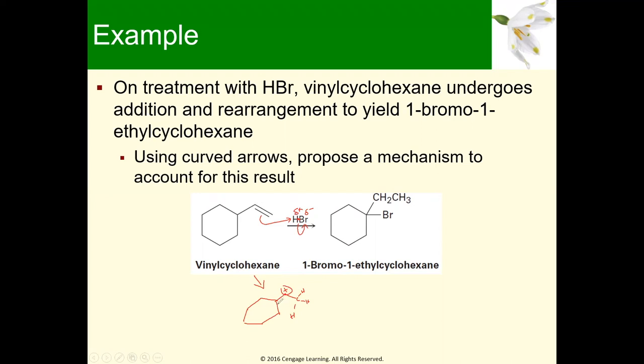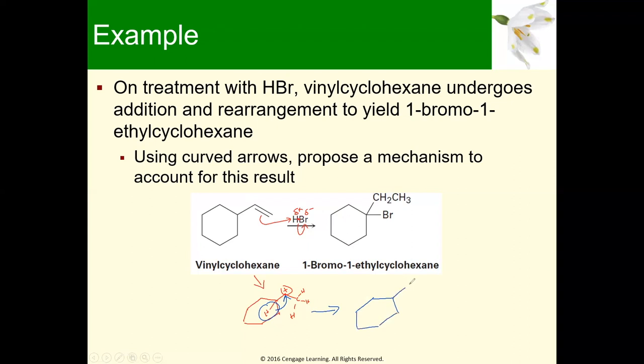Well, remember that there's also a hydrogen here. It's not shown because this is a skeletal structure and hydrogens are just implied. So this hydrogen that's here moves over, and that will give us a tertiary carbocation.